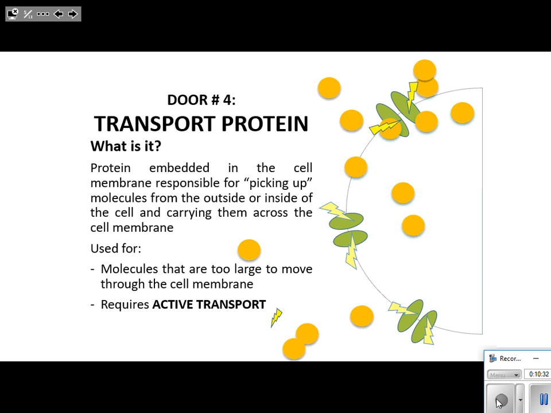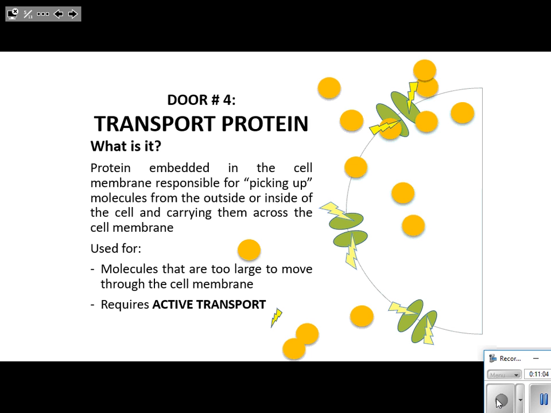So they can't get through unless we have transport proteins that will make a tunnel for these large molecules to pass through. In order for that to happen, we have to have energy. So the use of transport proteins requires energy, therefore it is active transport.